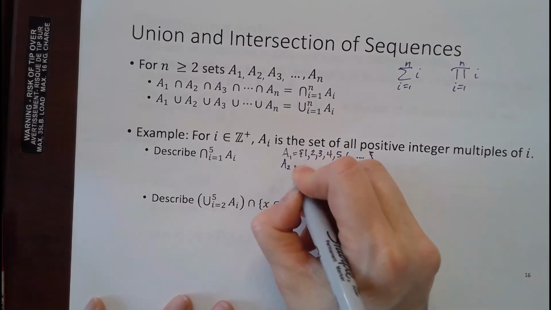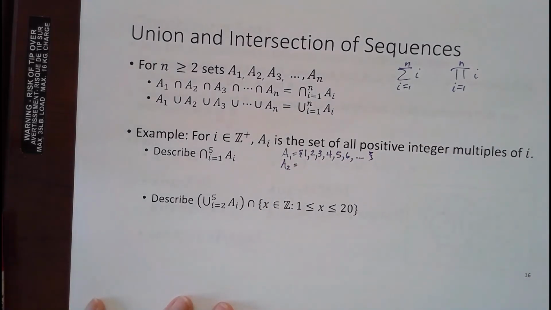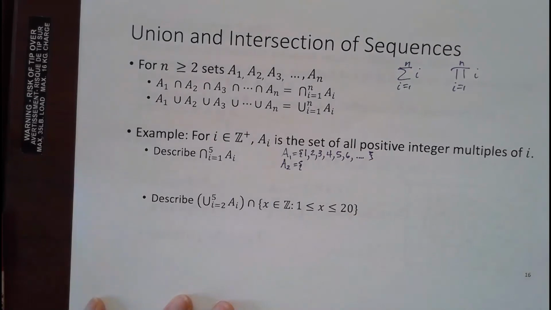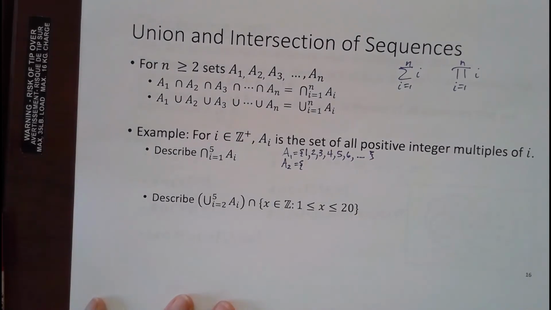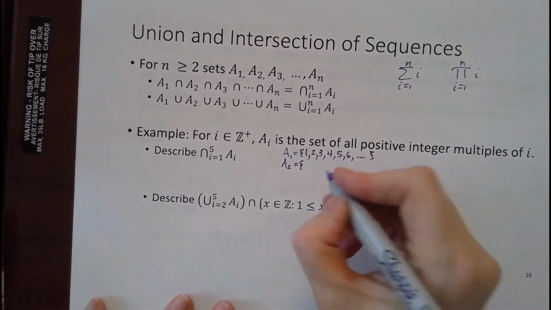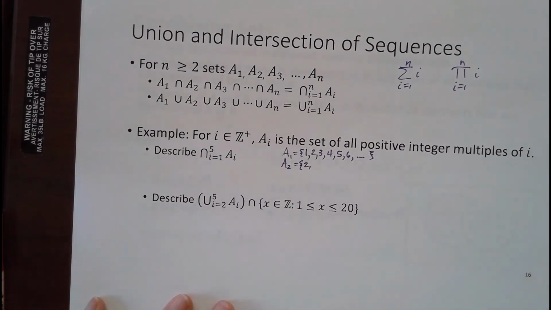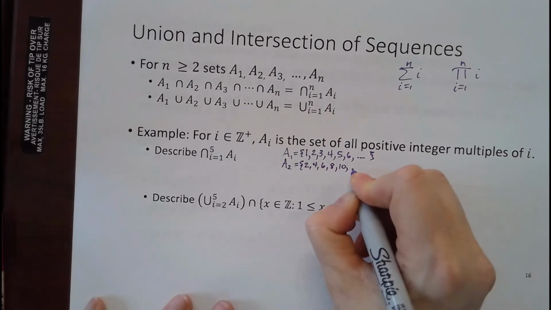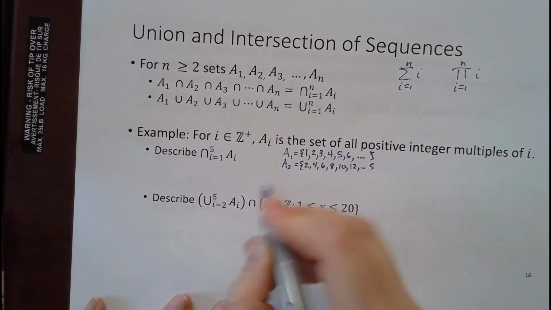Okay, then we have A sub 2. That will be all the positive integer multiples of 2. So what's the smallest multiple of 2? 2. What's the next number in there? 4, 6, 8, 10, on and on they go. Okay.